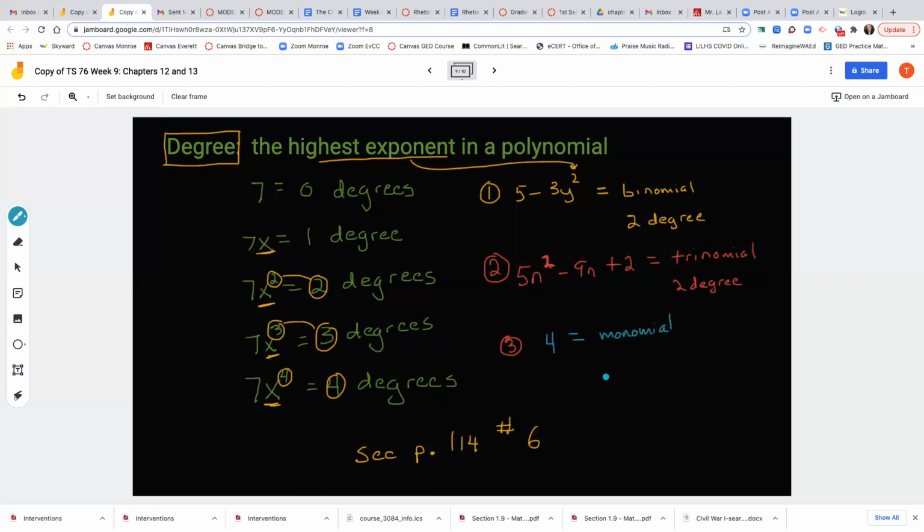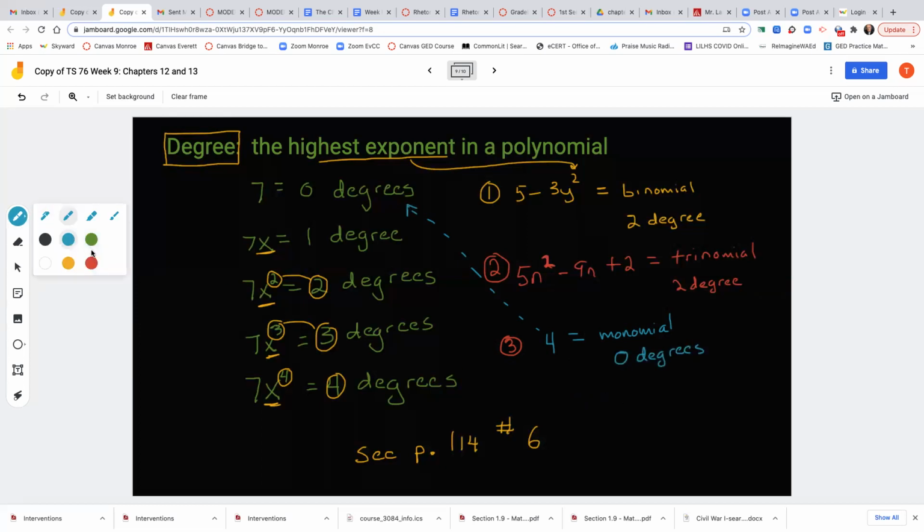Okay. What degree is it to? Hint. It doesn't have an exponent, so it's 0 degrees. So for that problem, 0 degrees.